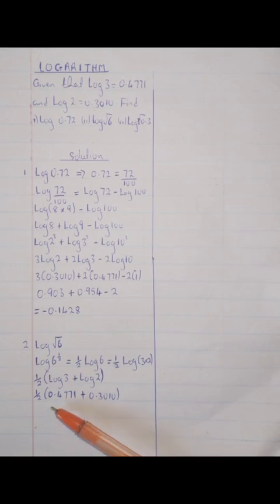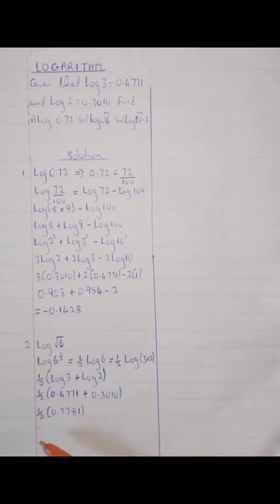So we have 1 over 2 brackets 0.4771 plus 0.3010, so we'll add this inside the brackets. 0.4771 plus 0.3010 will give us 0.7781. So we're having 1 over 2 brackets 0.7781.